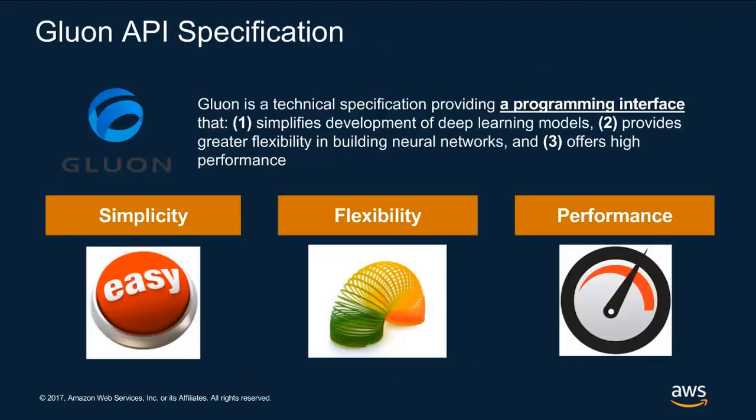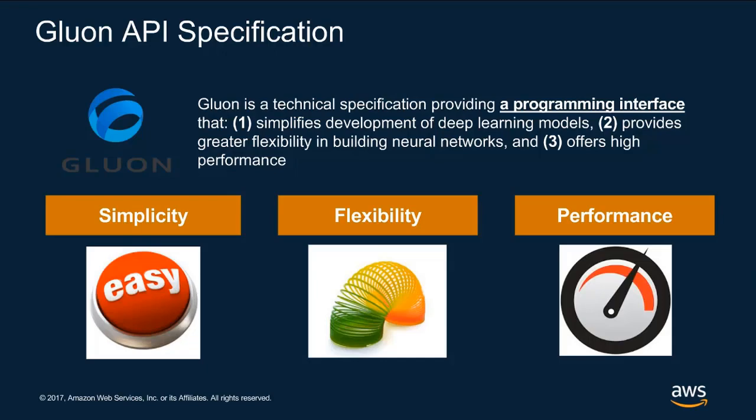So now I want to talk about the tool that we'll be using. Specifically, we are going to be using the Gluon API. The Gluon API specification was released in early October, and it was a joint effort across Microsoft and AWS.